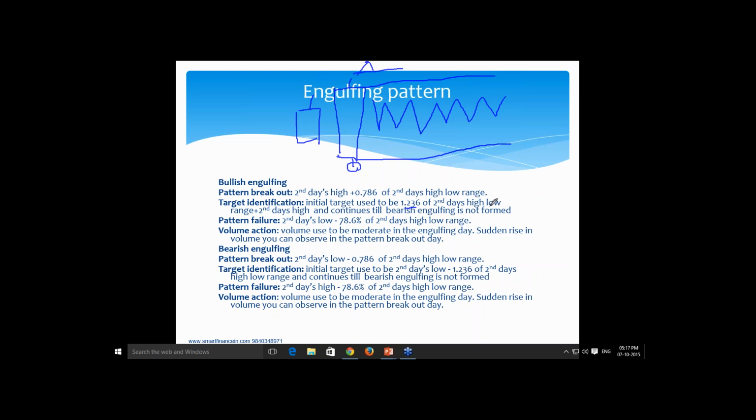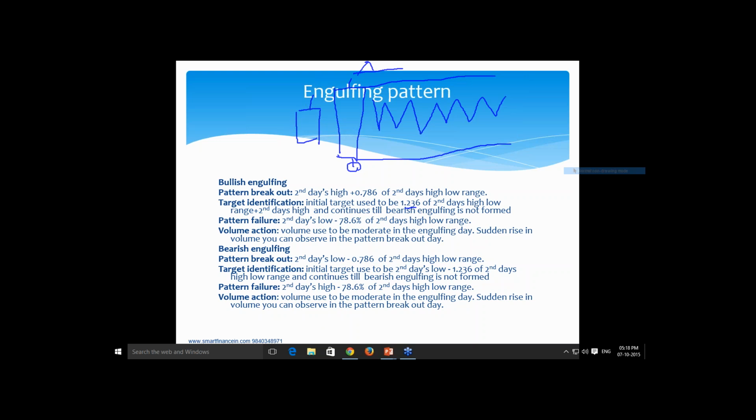When the engulfing pattern gives a breakout, volume rises. And there is one contrasting view also: when the engulfing pattern is giving a failure, volume decreases. That is a part you have to understand very carefully. This factor of volume action is documented in most of the books written on this candlestick subject.